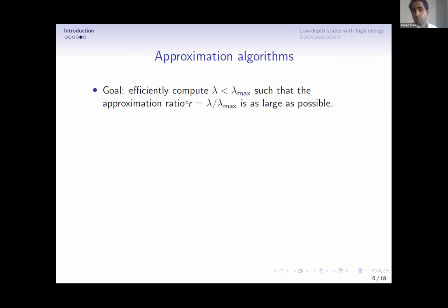So that's the goal, essentially. We want the approximation ratio, lambda over lambda max, considered over all Hamiltonians to be fair. What's the best ratio I can imagine?